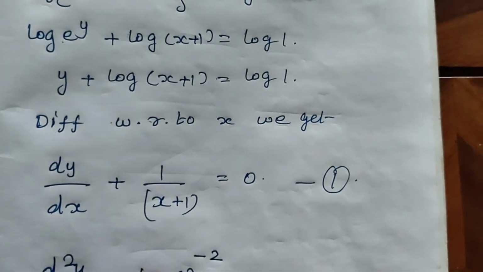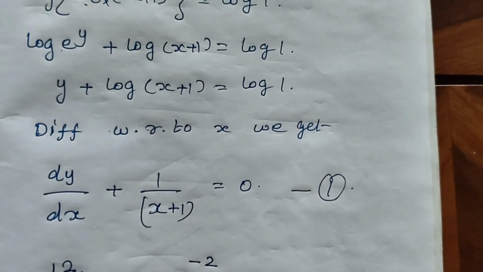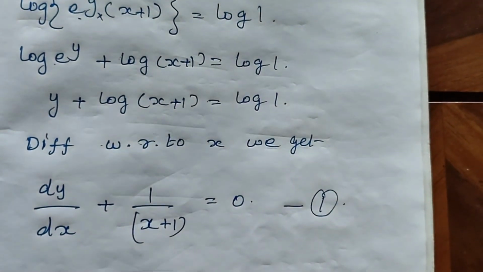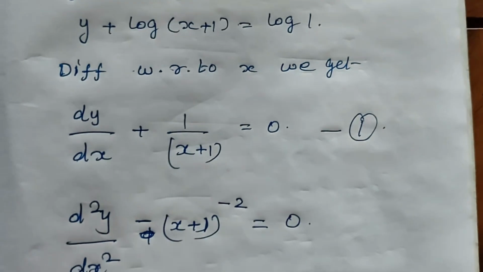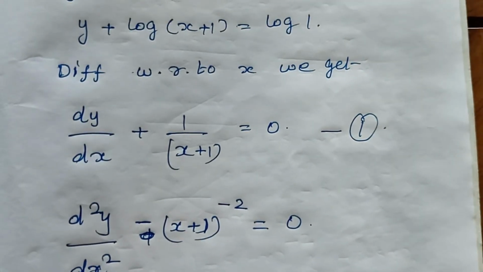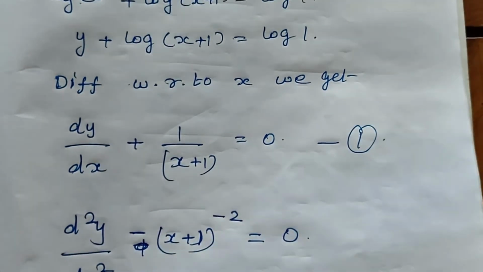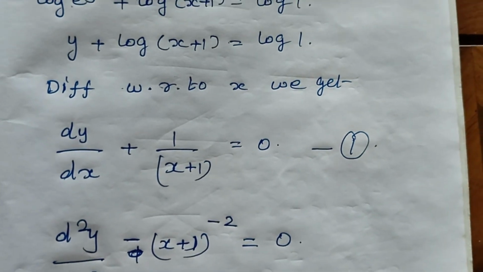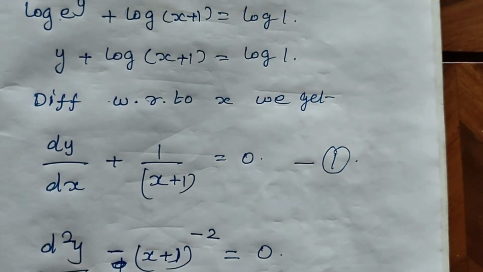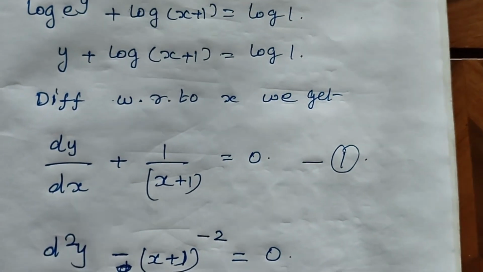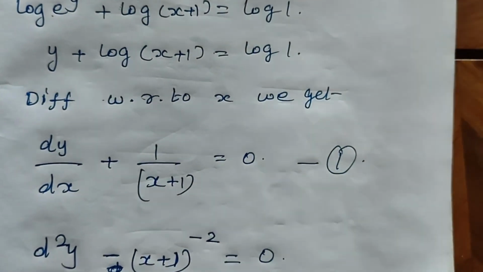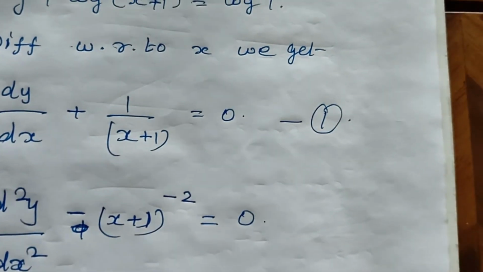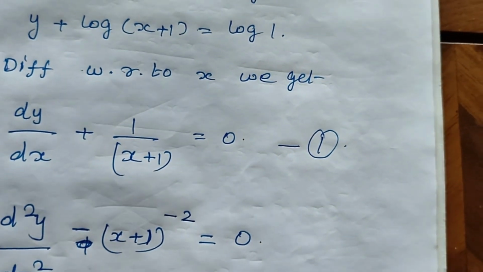Therefore here minus 2, here 1 minus, into differentiation of x is 1, equal to 0. Now d square y by dx square, here it is minus 1 by x plus 1 the whole square, minus 1 by x plus 1 the whole square, it is equal to 0.